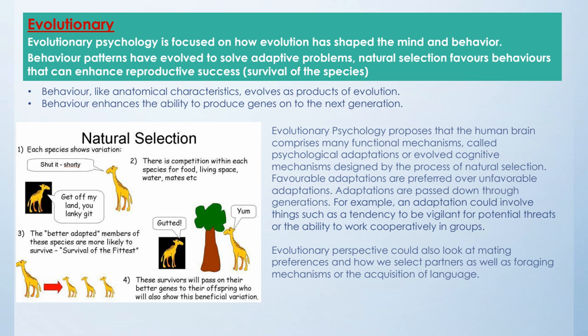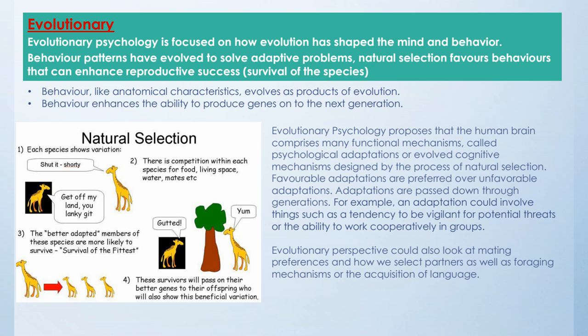That's what evolution is. It's trying to increase the survival of the species. That's our evolutionary tendencies, that we try to enhance reproductive success. It's all about the survival of the species, and this is how behaviors have evolved.